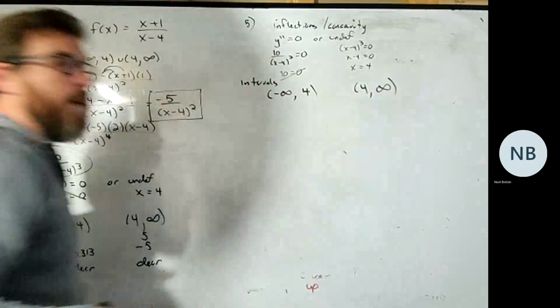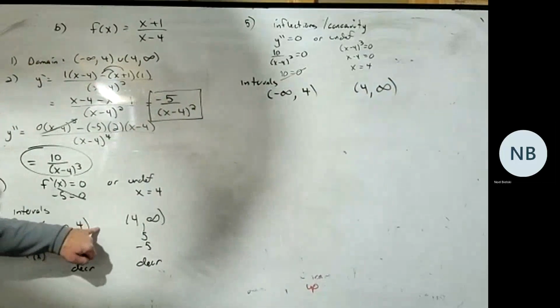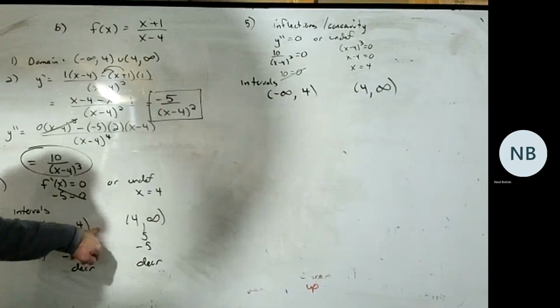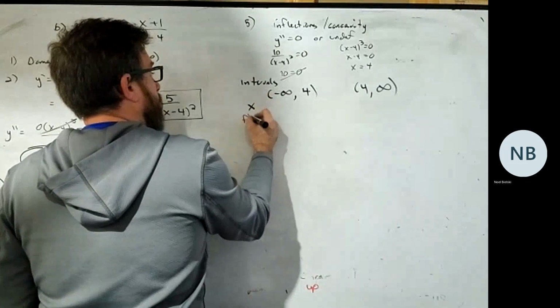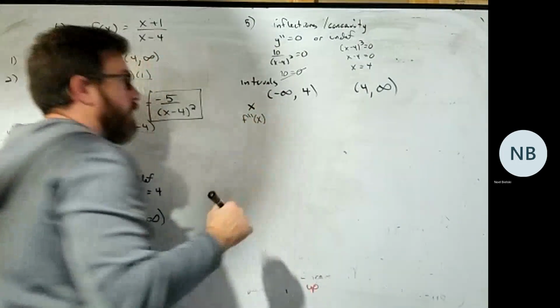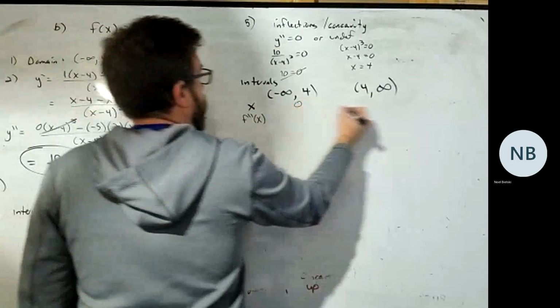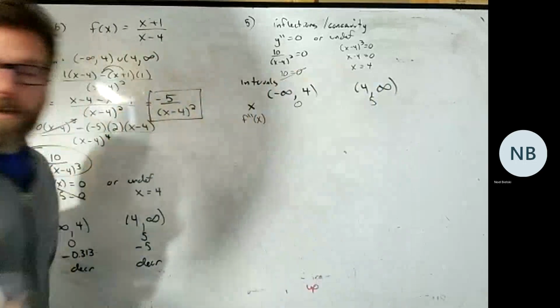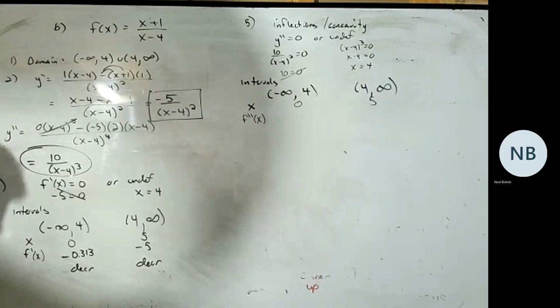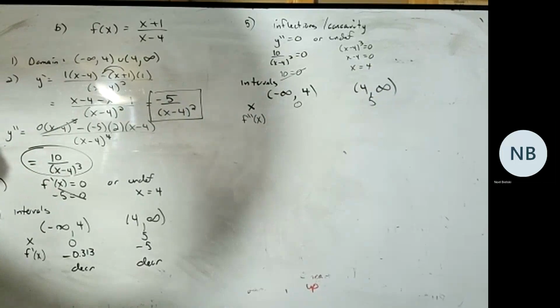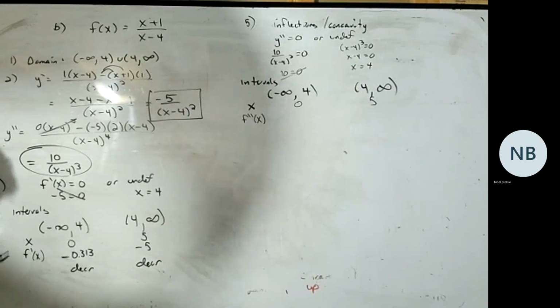It just happens to be the same cuts that we made last time. But it's not always, right? In the previous example, they were different. So we're going to pick an x value, and if I want to determine concavity, I have to plug them into the second derivative. So I'll plug a 0 and 5 in. Why not? Remember that we're doing the second derivative, so I have to use this function, 10 divided by x minus 4 cubed.